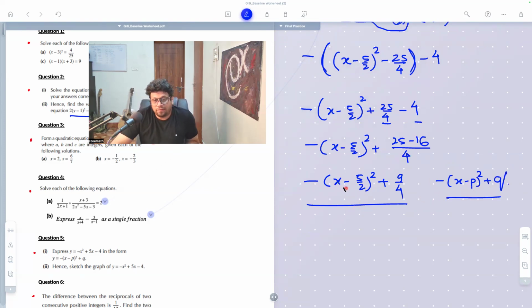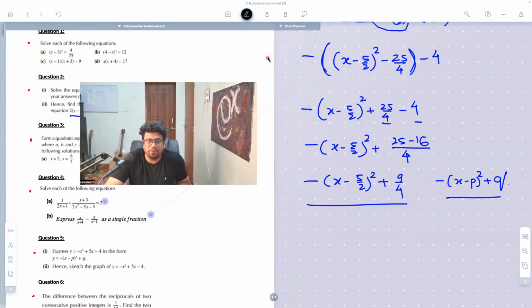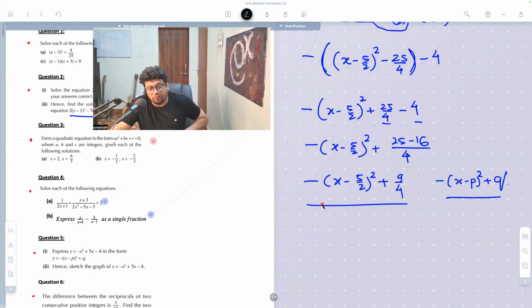Okay. Now that was the completing the square form. The nicest thing about the completing the square form is it lets you know the coordinates of the vertex of the quadratic. See, if there is an x minus 5 by 2 in the bracket there, equate that to 0, x comes out to be 5 by 2.